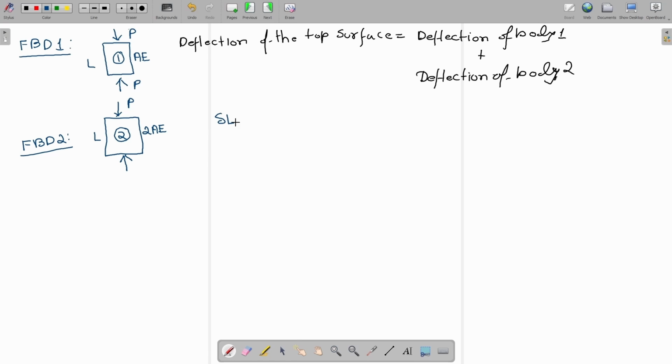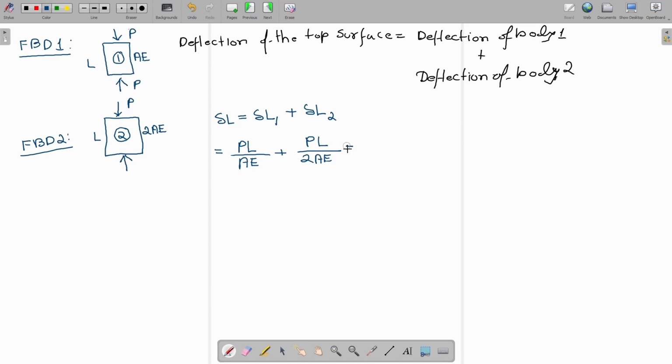Therefore, delta L is equal to delta L1, that is body 1, plus delta L2. Therefore, the deflection is given by PL by AE plus PL by 2AE.